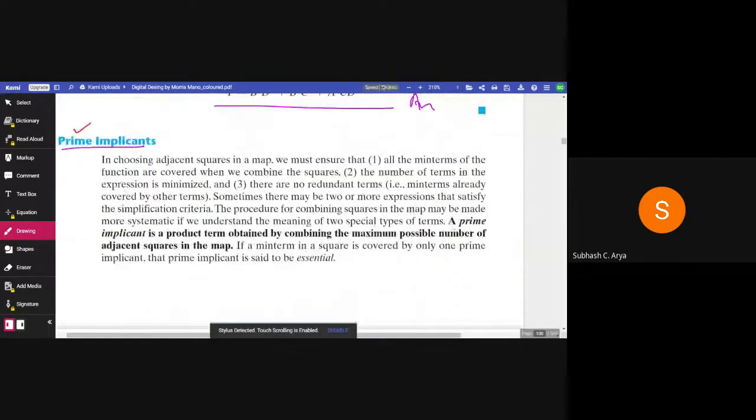As per the definition, a prime implicant is a product term obtained by combining the maximum possible number of adjacent squares in the map. Basically, prime implicants are the product terms which cover the maximum number of minterms or maxterms.